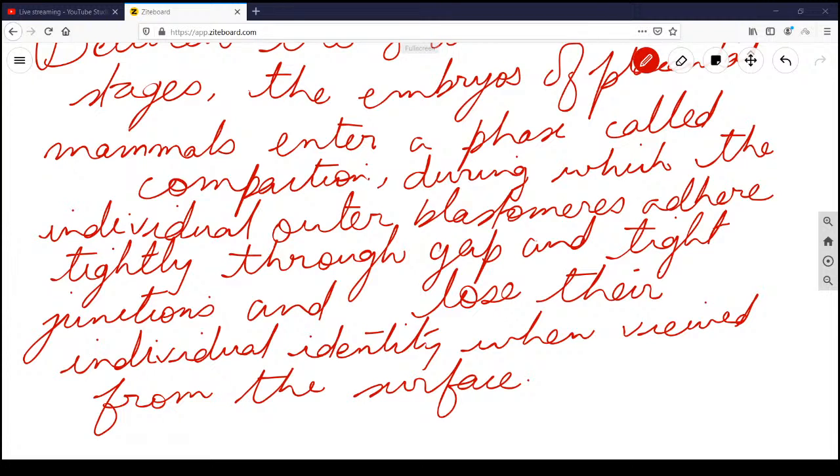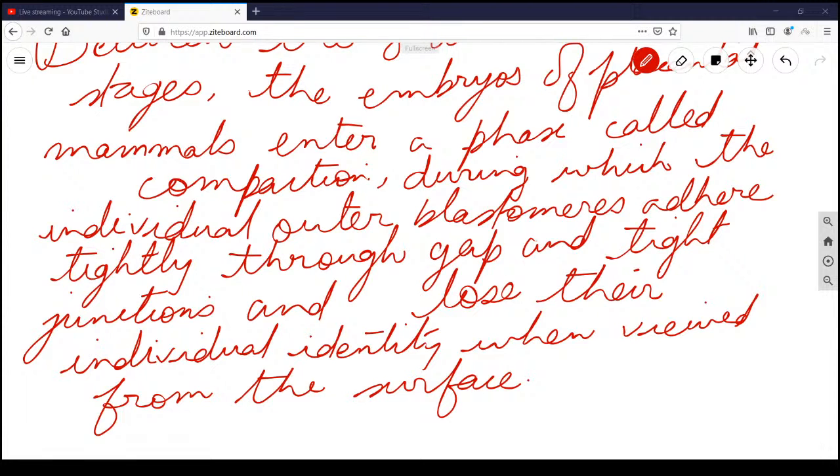Number one of those molecules are known as cadherin molecules. Various types of cadherins are present. Number one is the E cadherin. So E cadherin is one of those molecules.